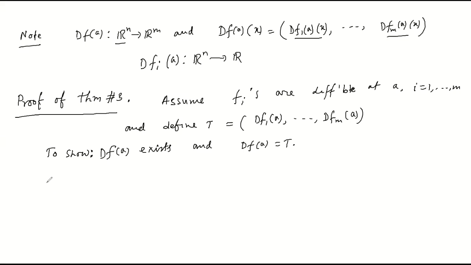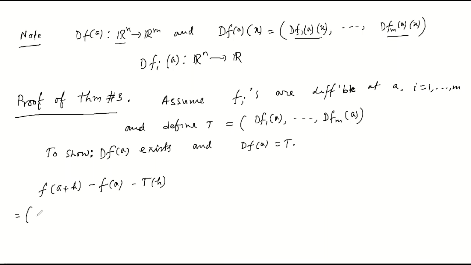So we start with the quantity f of a plus h minus f of a minus t of h. And what is this? This is a very big expression, let me write it in the second line.